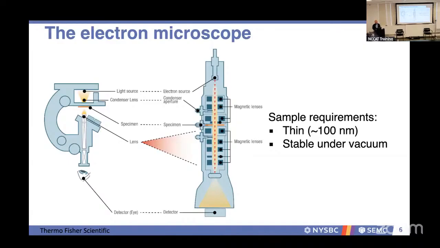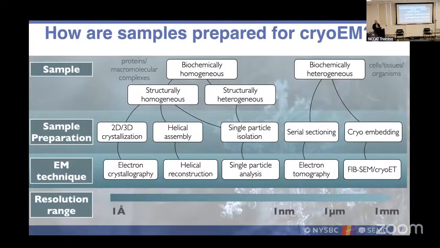What do we have to consider? Well, the main thing is that I briefly touched upon that we have several different modalities of EM that we can use the same transmission electron microscope with. What we have to be cognizant of is how do we prepare the sample and how do we analyze that? An electron microscope is just like a microscope. For resolution, you can just go up in mag.